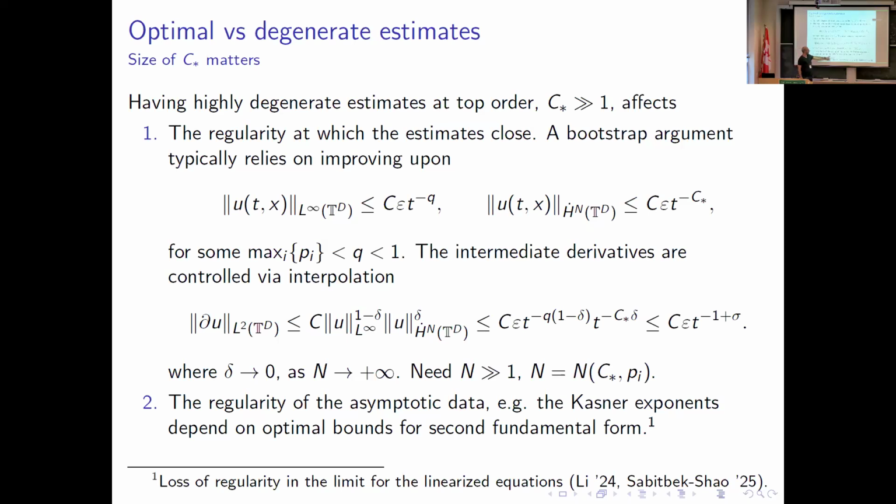If you don't have a good bound on that, then you don't have convergence. So asymptotic data convergence in this scheme with highly degenerate top order estimates only, you only obtain it at the very lower orders that you can improve by sacrificing derivatives.